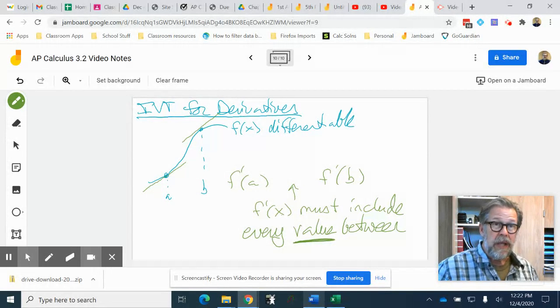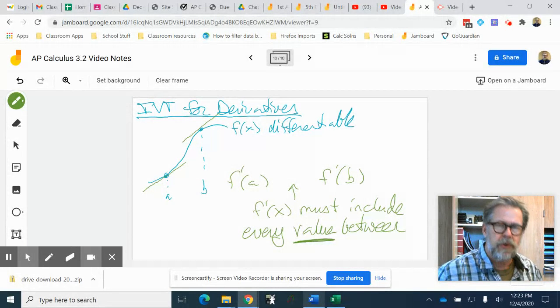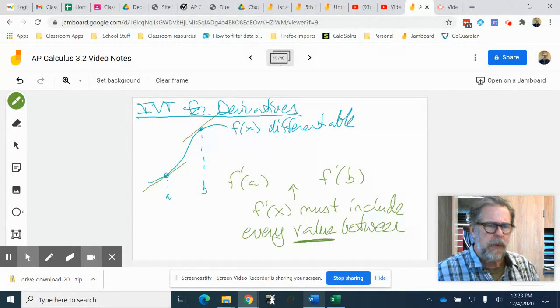In other words, we can't get from a slope of 0 to a slope of 1 without going through all the slopes in between. As you get steeper and steeper, you've got to go slope 0.1, slope 0.2, slope 0.3, and so on. Again, I don't think that this is a crucial thing for AP Calculus, but be aware of it.